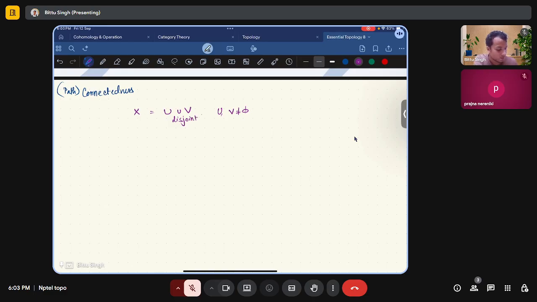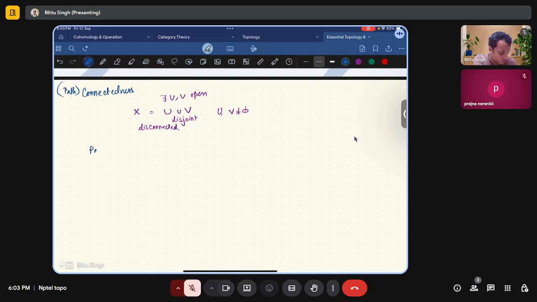If there exist open sets U and V in X such that X can be written as this kind of disjoint union, then X is called disconnected. Otherwise, if this property is not satisfied, then we'll say that X is a connected topological space.